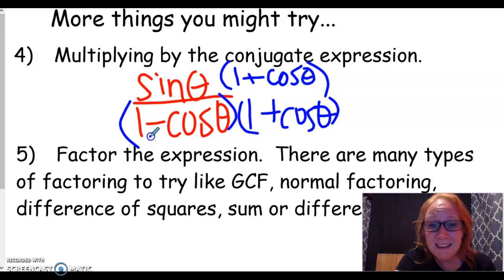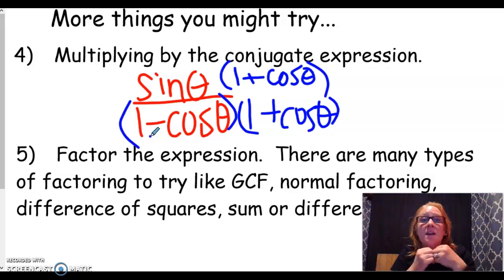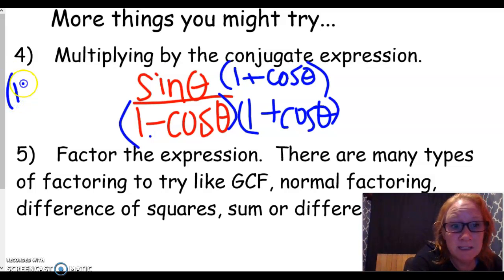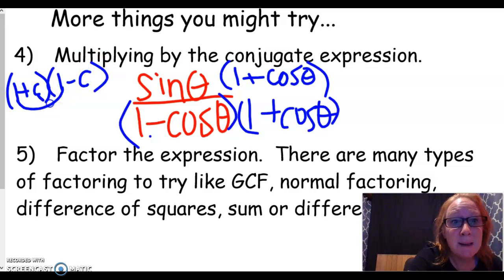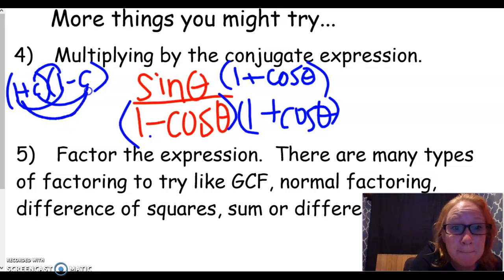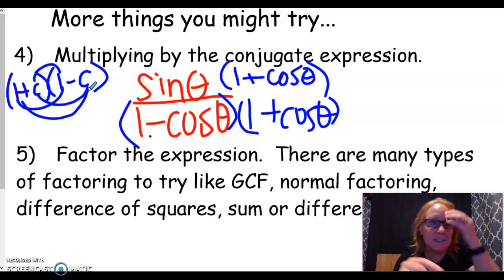On the bottom, if you think way back to algebra, 1 plus c, 1 minus c, you get 1 minus c squared, and the middle terms, plus 1c minus 1c, simplify out.